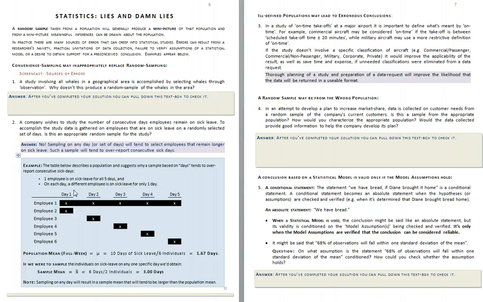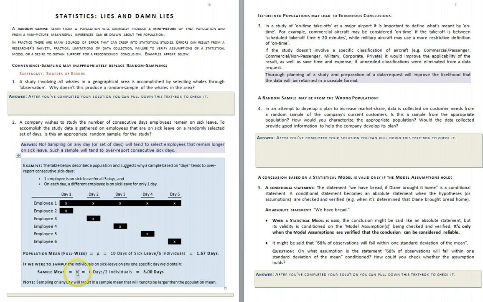Now let's take a sample of days. To keep it simple, suppose we choose only 1 day for our sample. If we sample on any specific day, for example day 1, we obtain 2 employees on sick leave. The first employee is on sick leave for 5 consecutive days, and the second for 1 day.